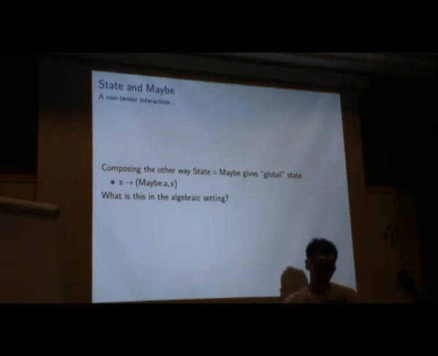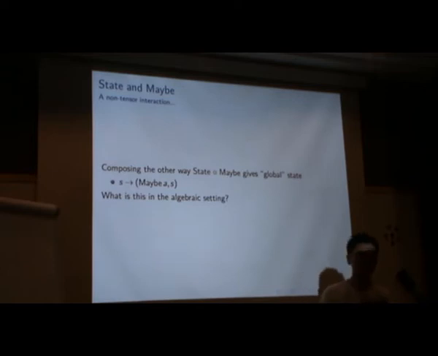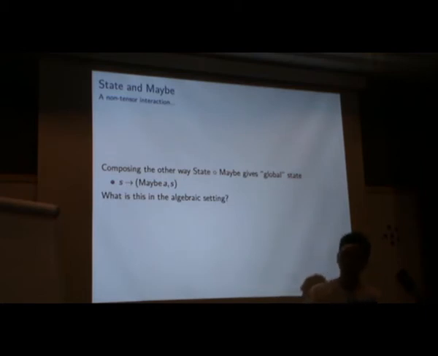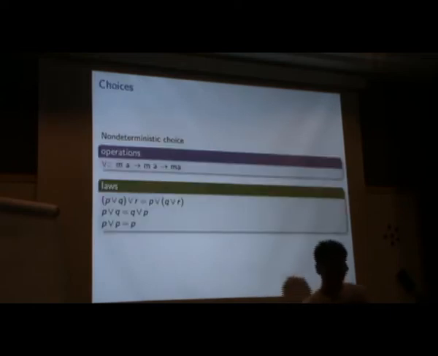But in the algebraic setting, it's a bit less clear, at least to me, what this means. So I have a hunch it could be the sum, and I've been speaking to my postdoc yesterday about it, but we haven't. It is a sum, right? Okay, cool. Let's talk about it.